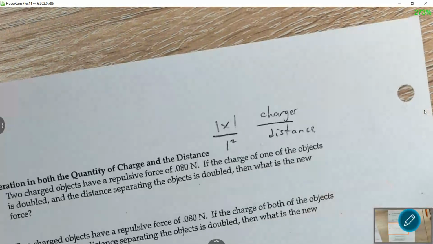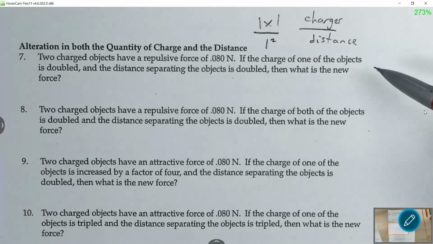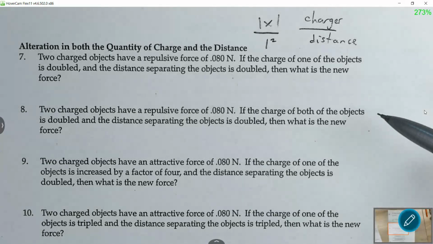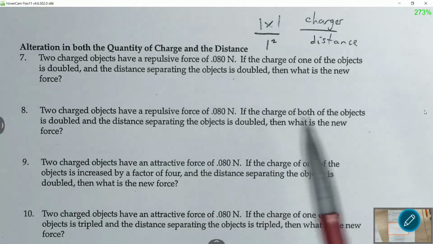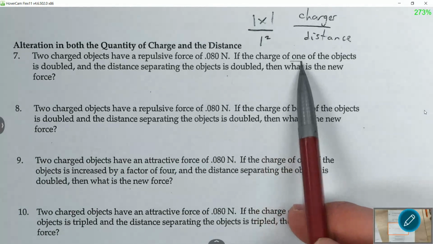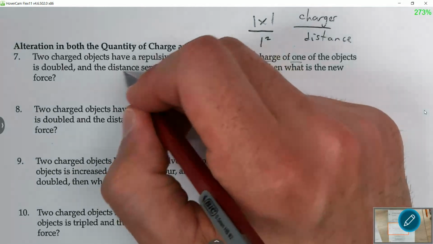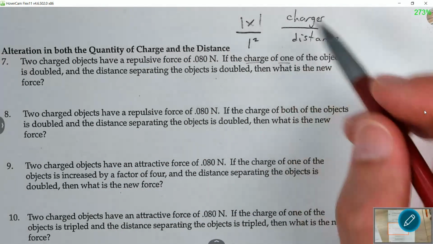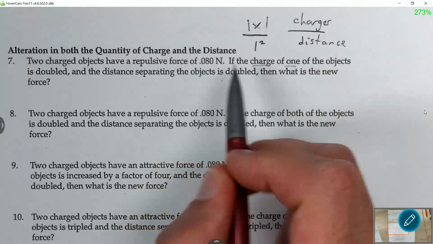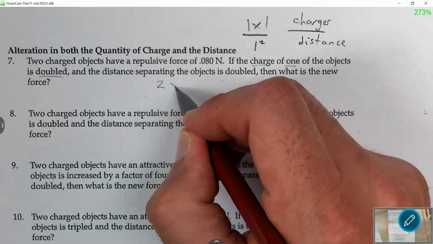Now this next piece is doing a combination of charges and distance. So if the charge of one object is doubled, again, this is how we're starting out. Charge of the first, charge of the second, distance. So they said one charge is doubled. So I'm going to make one of them a 2.